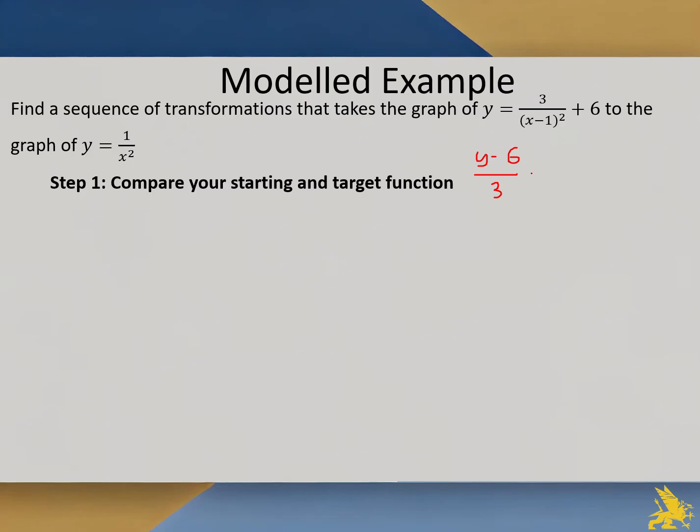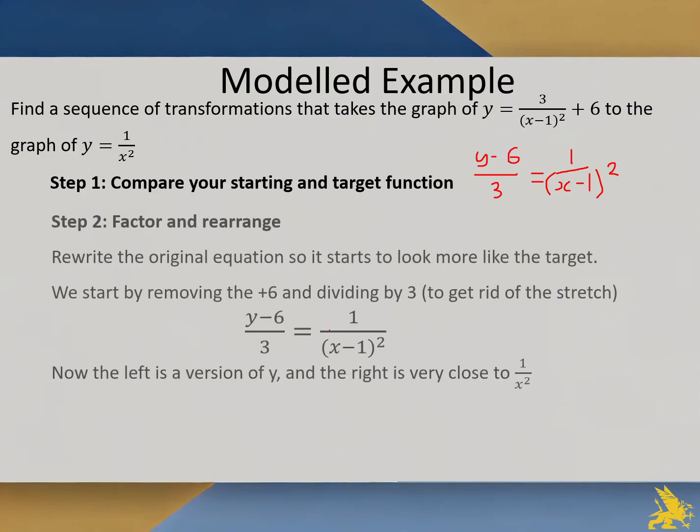So I'll get it divided by 3, and that gives me 1 over (x minus 1) squared. This allows me to view it in terms of what is actually occurring, so now we can look at what is occurring on the left-hand side and on the right-hand side.